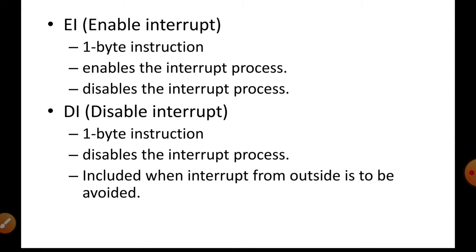Whatever the difference between stop and end, the same difference lies between EI and DI. Whenever we use EI, it enables the interrupt process as well as disabling the rest of the interrupts. And whenever you use DI, it disables all the interrupt processes besides the non-maskable interrupts. So, EI is a simple kind of stop and DI is a simple kind of end instruction. Whenever DI is used, it will disable all the interrupts.